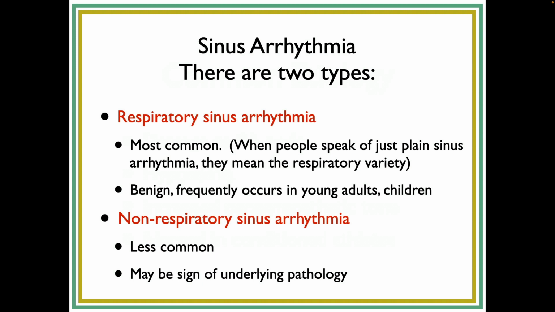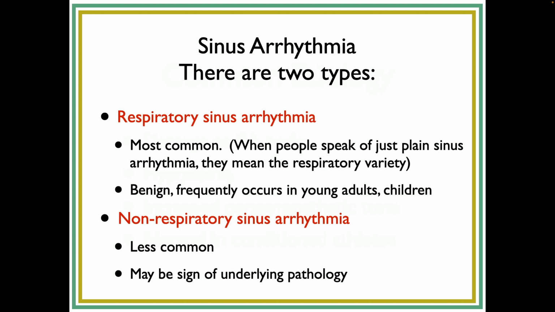That being said, whether it's sinus dysrhythmia or arrhythmia, there are two different types. By far the most common and the benign one, the one that is totally benign really, is respiratory sinus arrhythmia. I'm quite certain that if we put all of you on monitors, some of you would right now be in respiratory sinus arrhythmia, okay?